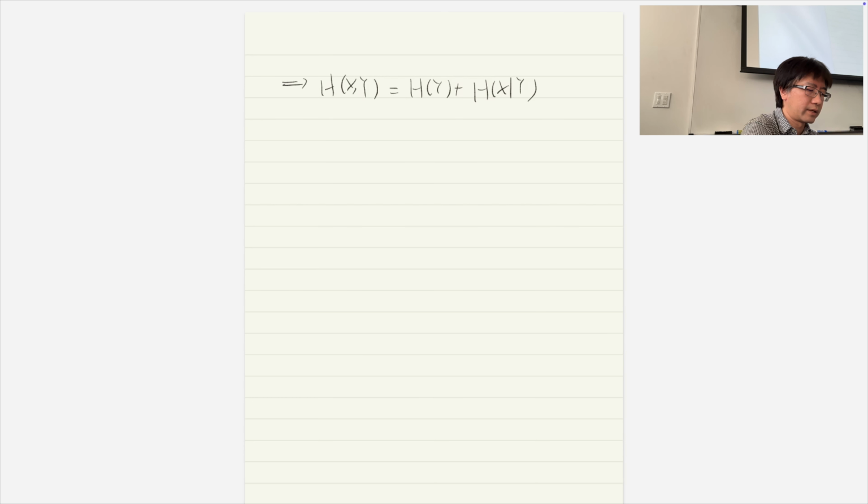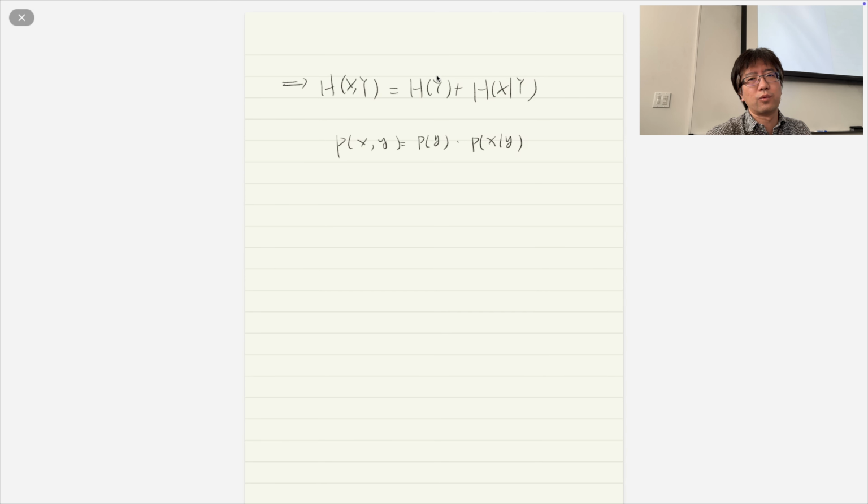The Bayes rule is p(x,y) equals p(y) times p(x given y). This relationship comes from the Bayes rule, and because of the log, instead of multiplication we have a plus here. Can you remember it? That is very important. Later on, we're going to see something very similar, but not this.